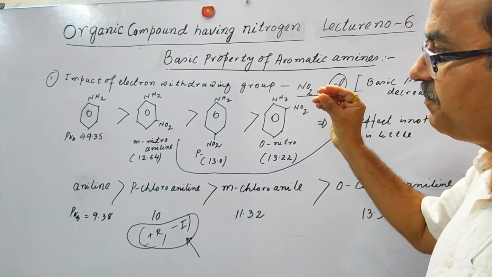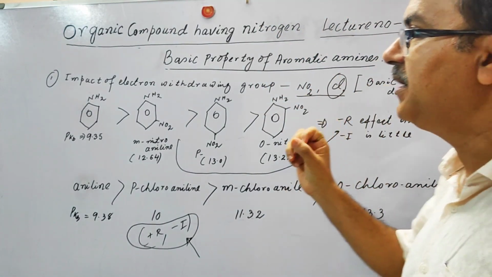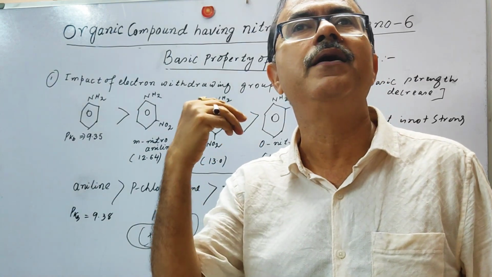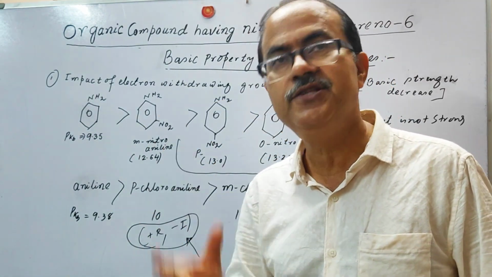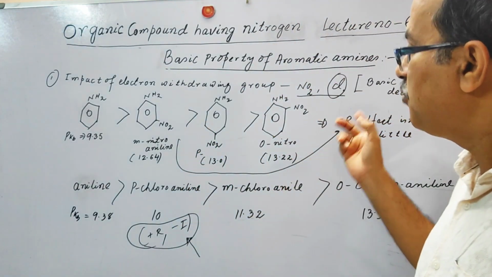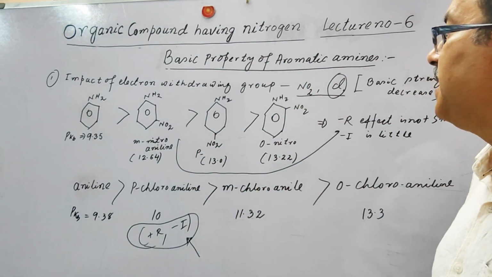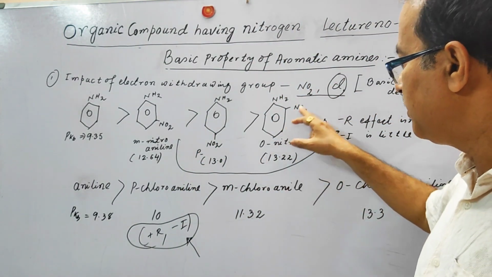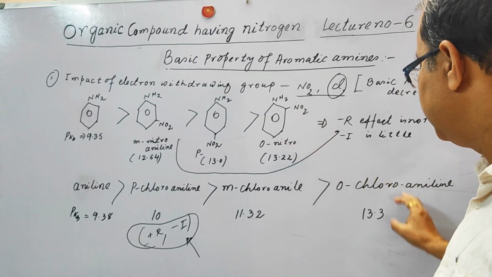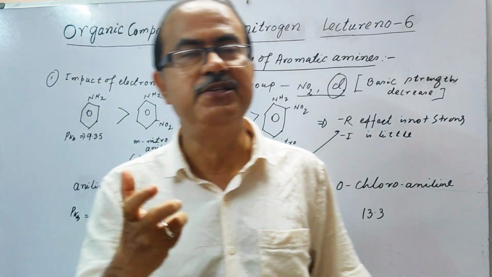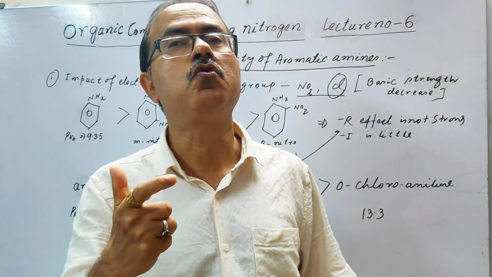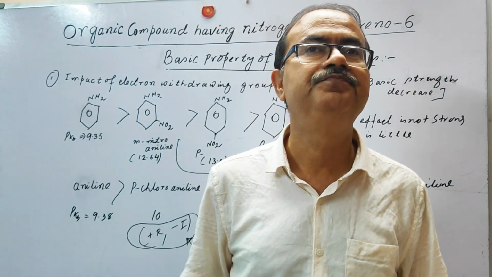It is not necessarily true that incorporating an electron withdrawing group will decrease the basic strength. This is the general rule, but the position is also going to have an impact. And the ortho position, you can see always, the derivatives have less basic strength, and this is also called the ortho effect.